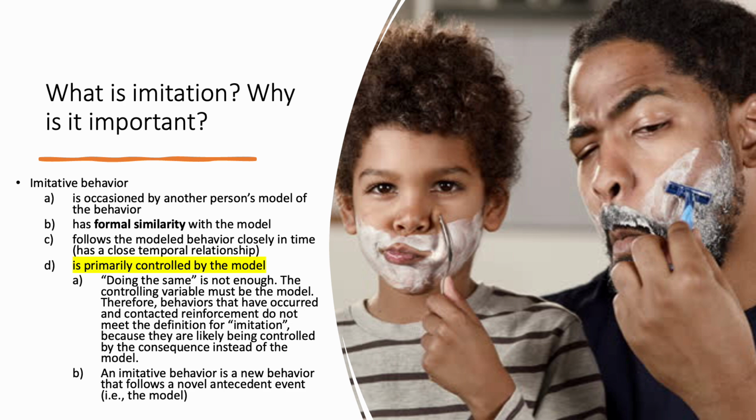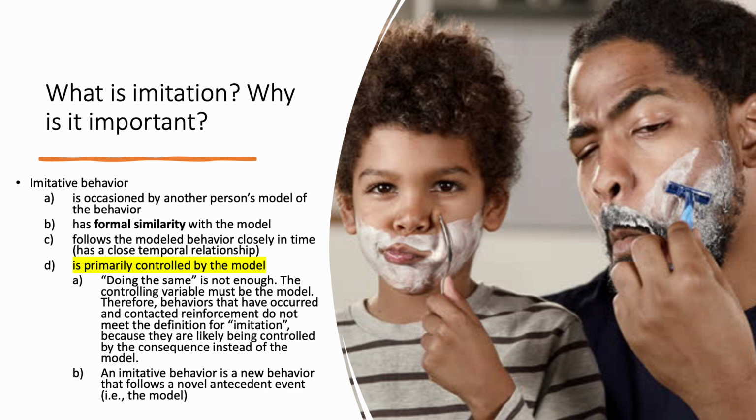But the controlling variables are going to look slightly different. The controlling variables are going to look like SD, response, consequence, right? That model is not going to be the controlling factor because for some people, imitation does not come naturally. For some people, they need to be explicitly taught to engage in imitation, right?